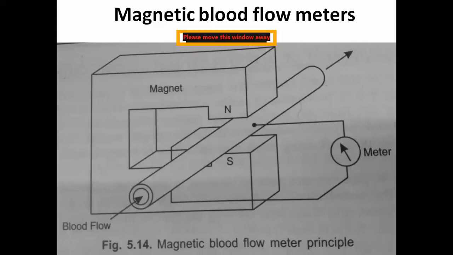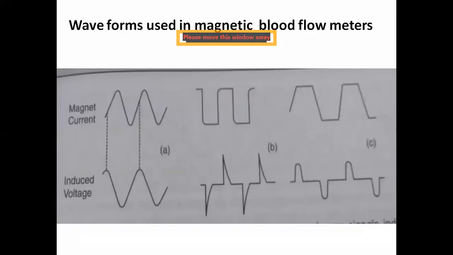See here, this is the applied magnetic waveform for the electromagnet. By applying this, the induced voltage is like this. There is some phase difference, a 90 degree phase shift.